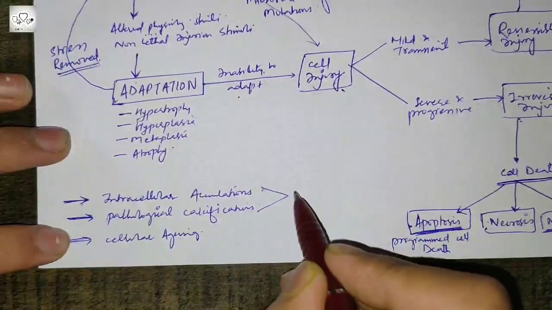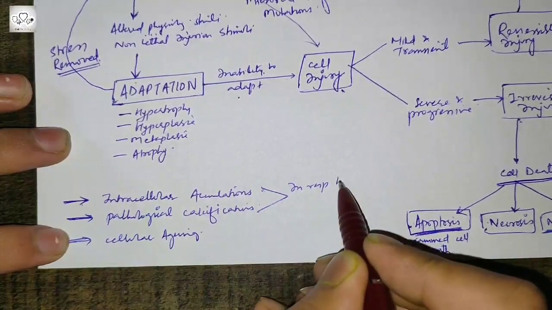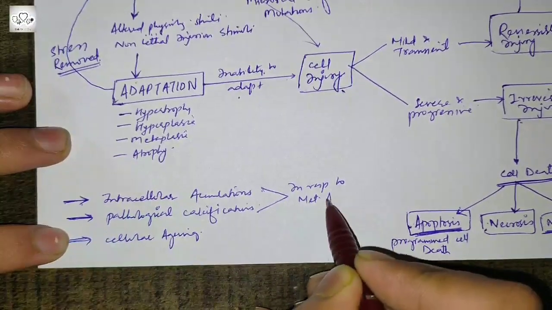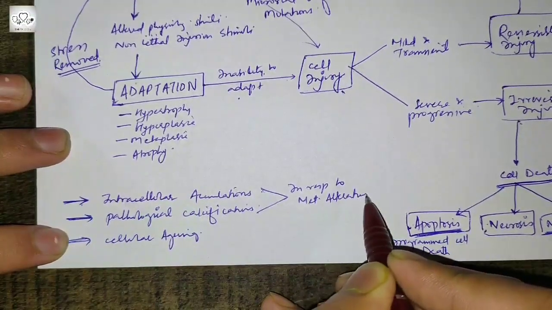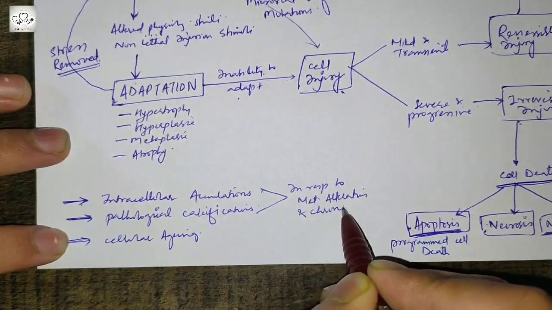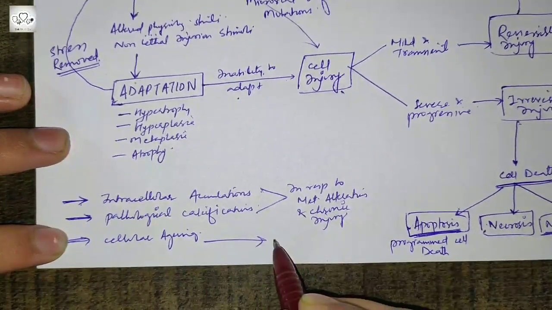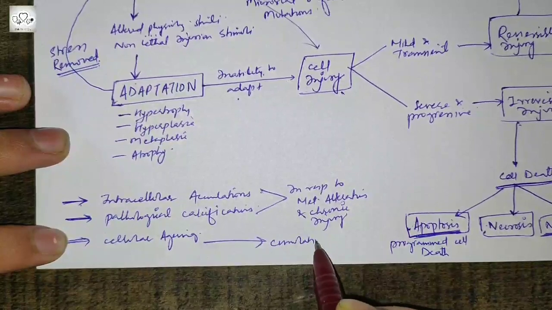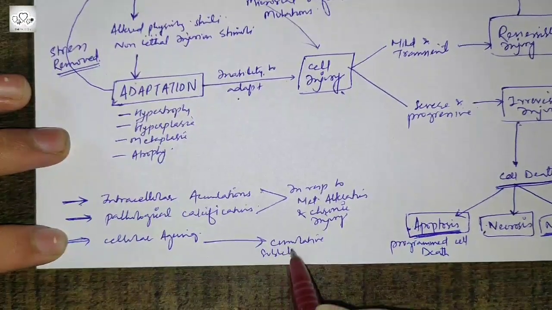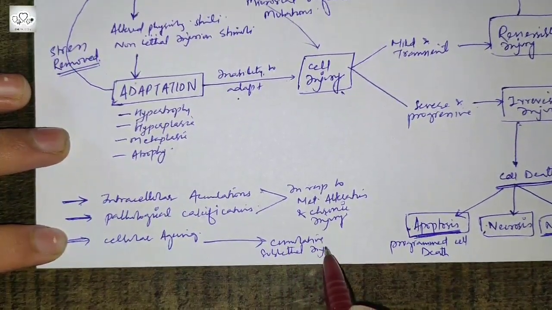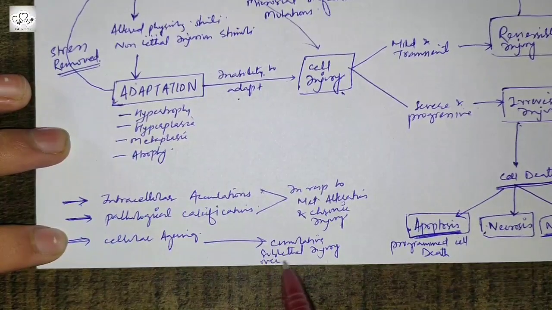The first two usually occur in response to metabolic alterations and chronic injury, while cellular aging usually occurs because of cumulative sublethal injury, which occurs over a long lifespan.